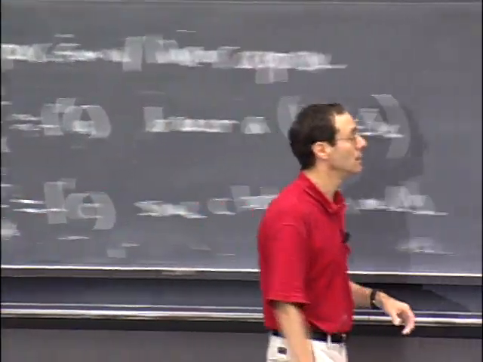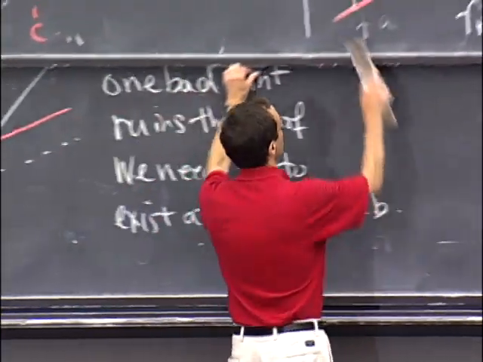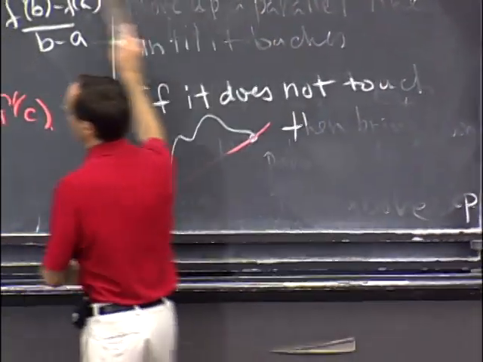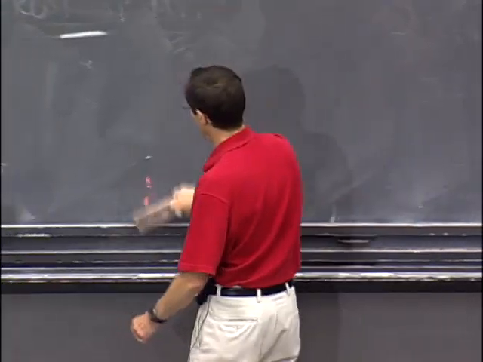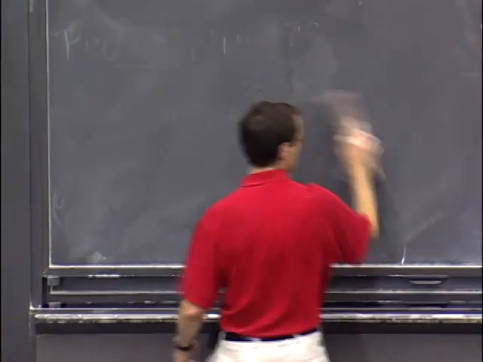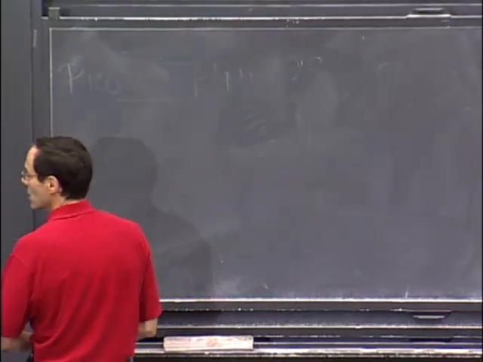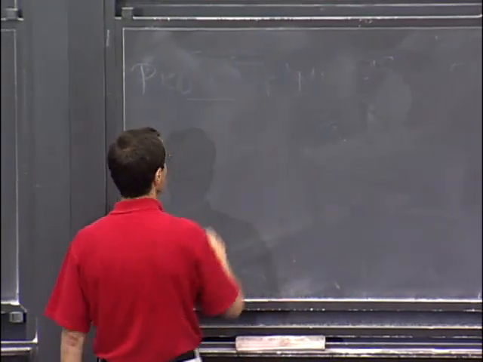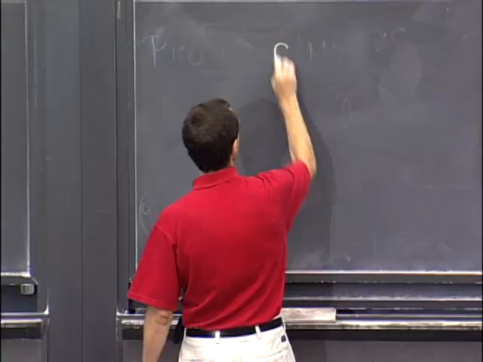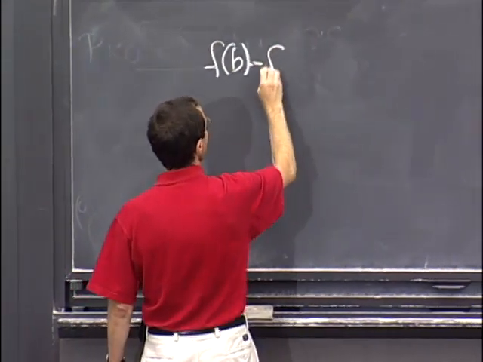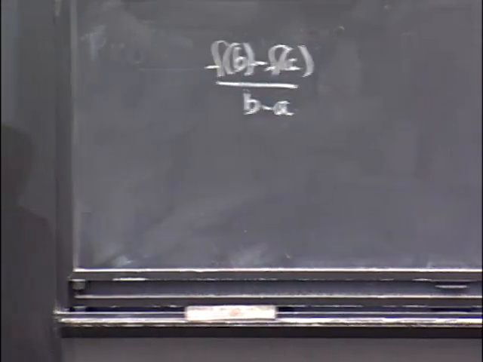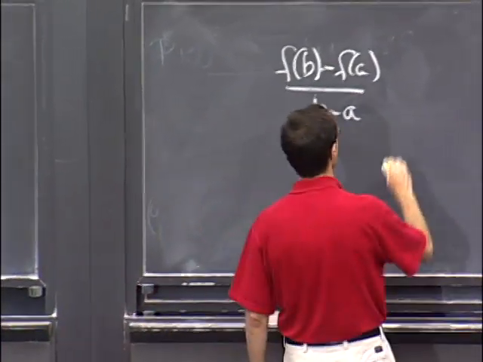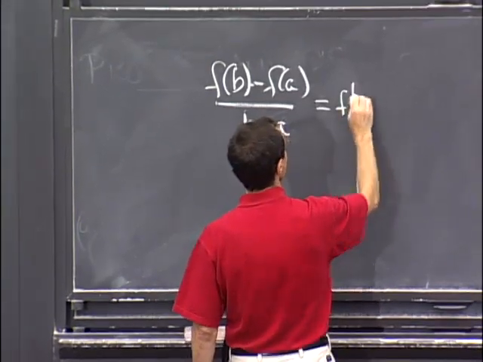And let me elaborate a little bit. If you're trying to understand what f of b minus f of a divided by b minus a is, the mean value theorem is telling you for sure that it's equal to this f prime of c.